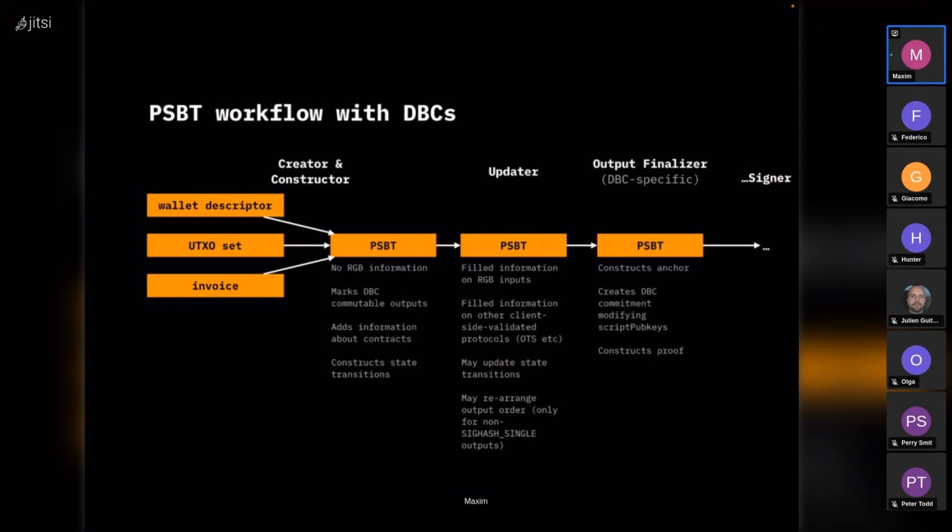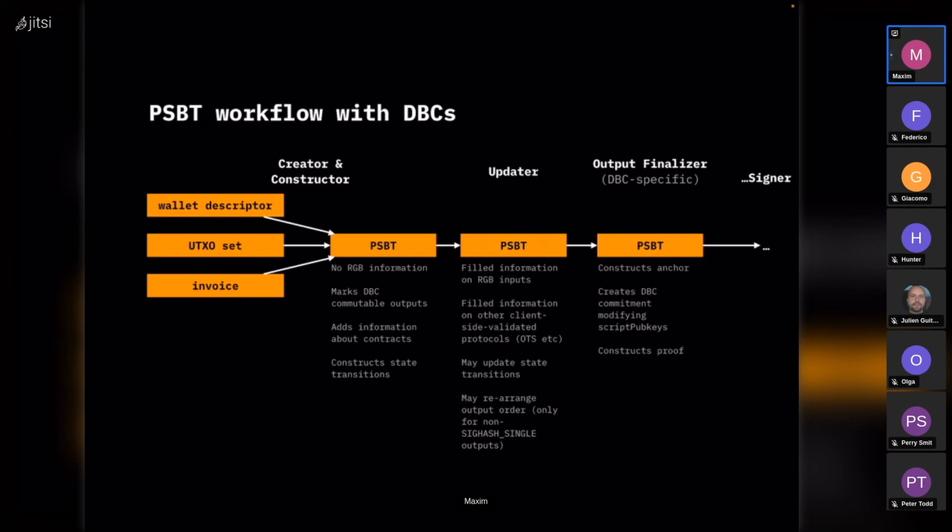So the creator and constructor uses a wallet descriptor, a set of UTXOs and an invoice to construct the PSBT. And that is how it is defined by existing specifications. Regarding RGB, it will not add any RGB information to this PSBT, but it will mark outputs which are allowed to contain deterministic Bitcoin commitments.